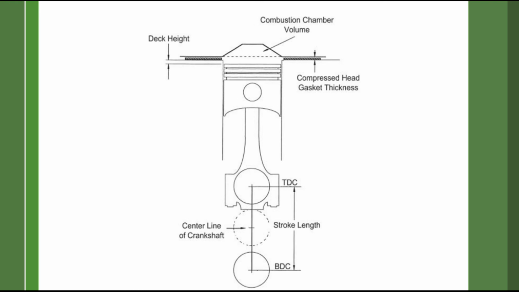Here's another picture, just trying to show it. So as we move through our stroke here from bottom to top dead center, when we're at top dead center, we end up with that combustion chamber volume, that deck height volume, the gasket volume, and if there's any kind of action going on, you'd get piston relief volume.